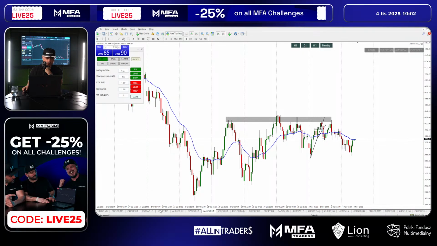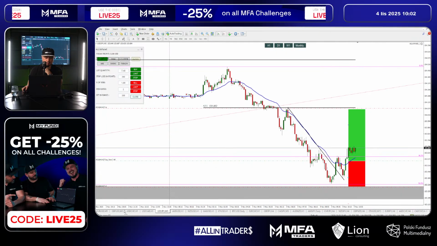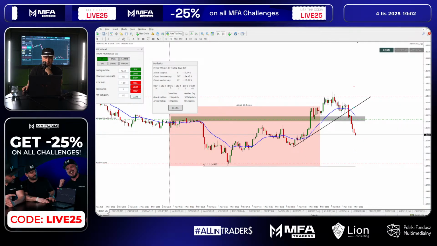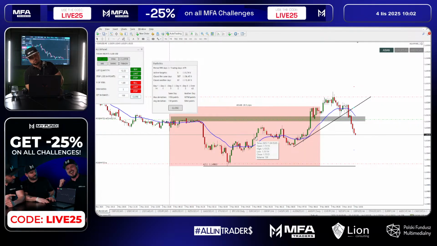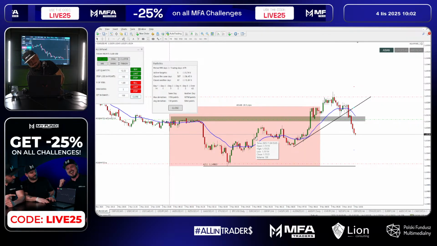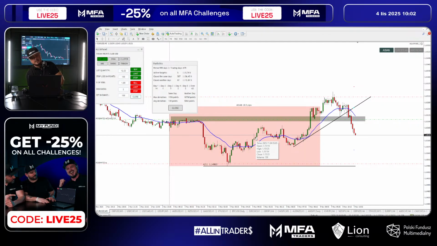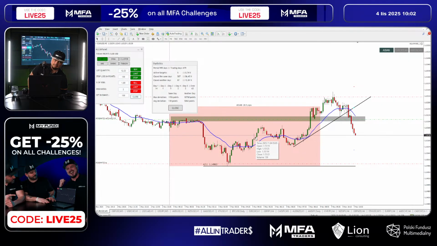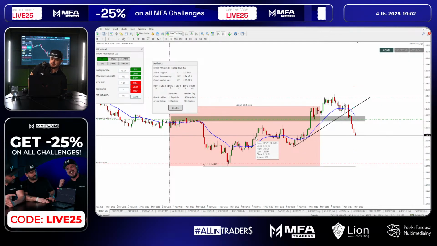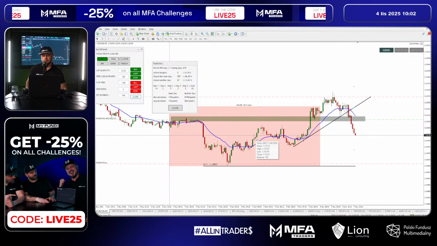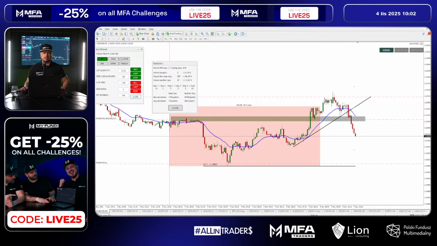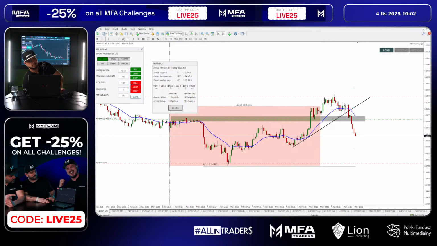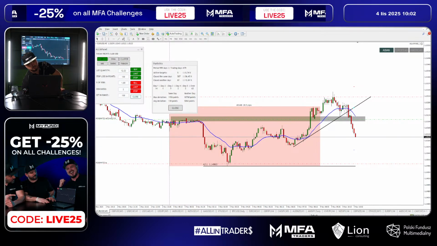Gold. USD JPY. If we miss this trade, if they're gonna go straight down, I'm not worried too much because we're gonna have some more opportunities during the US session. So nothing to worry about.